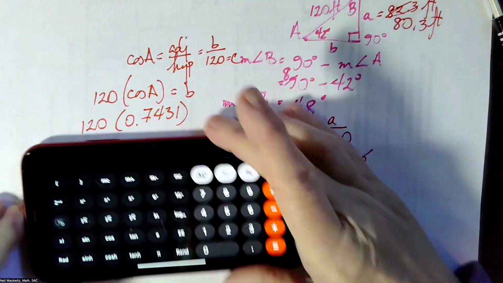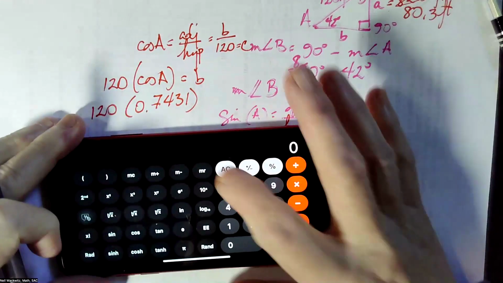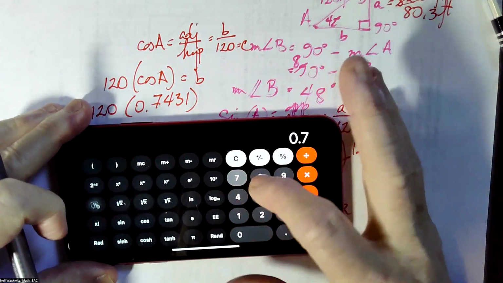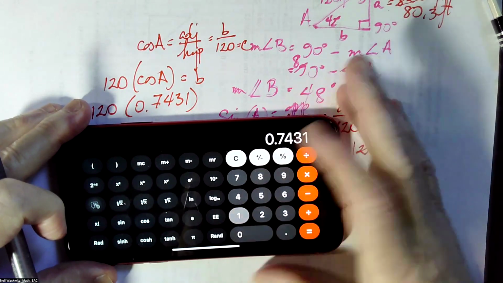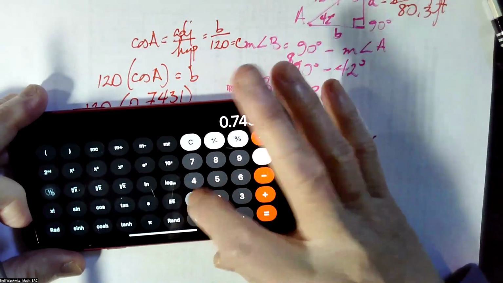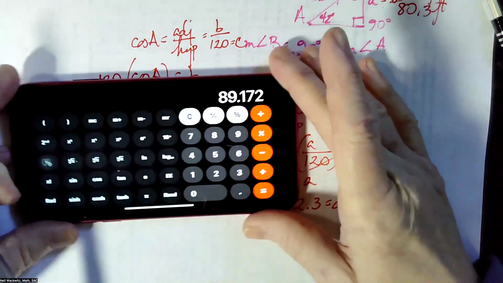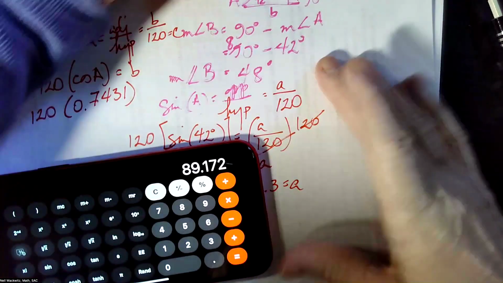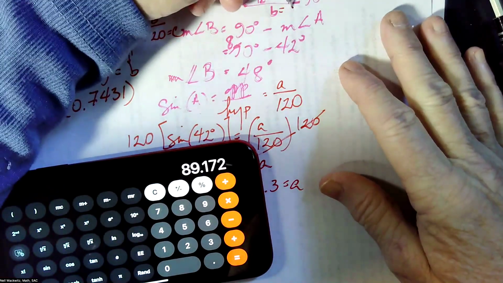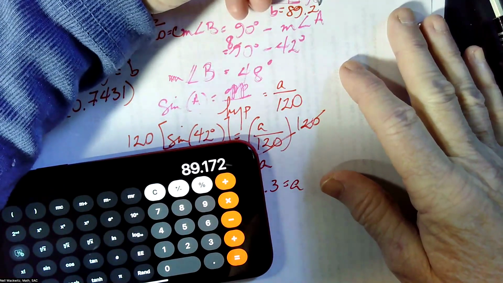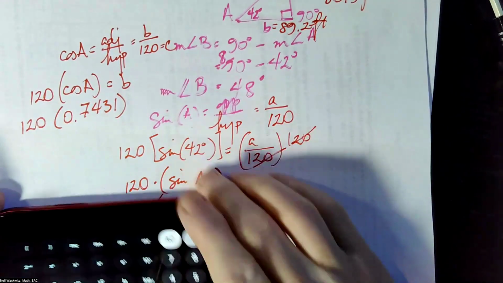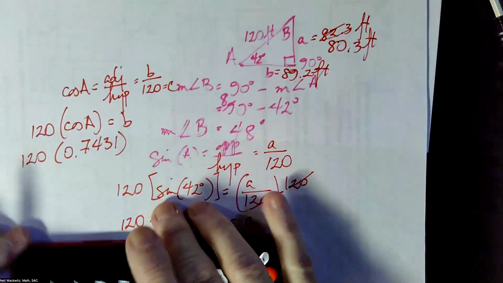I'm going to delete it and multiply by the approximation I found. 0.7431 times 120, and I get 89.2. And we've solved the triangle.